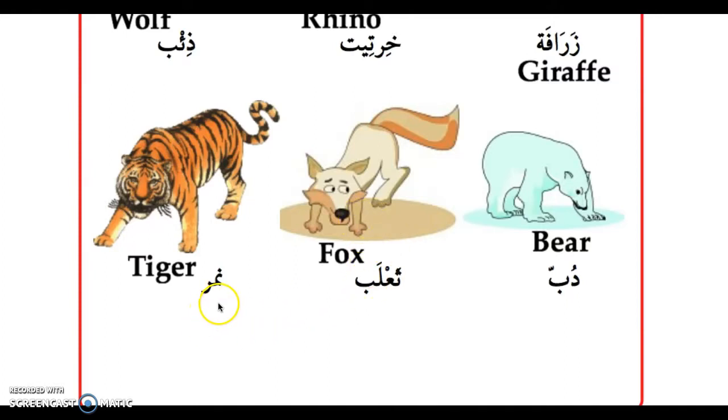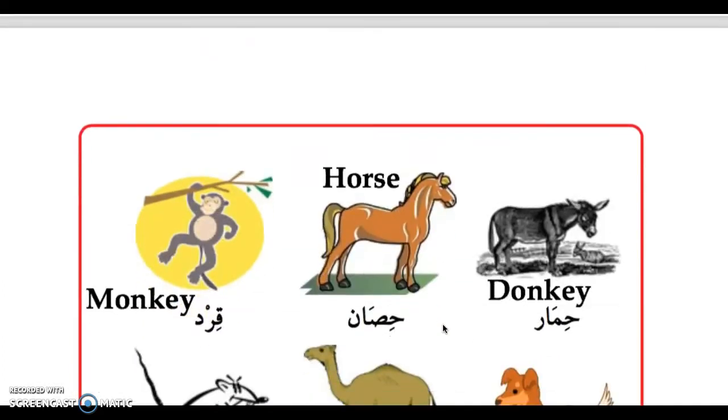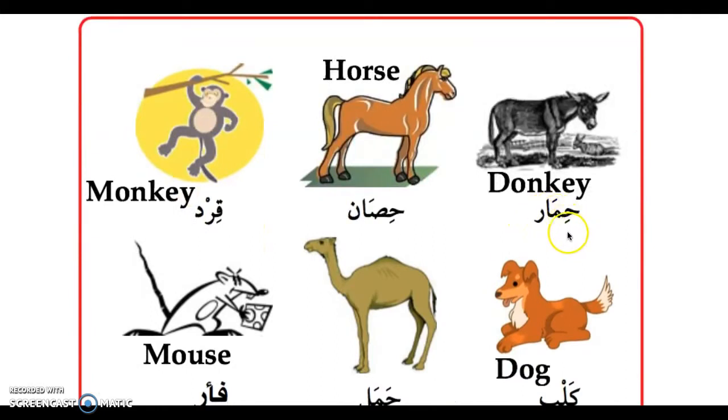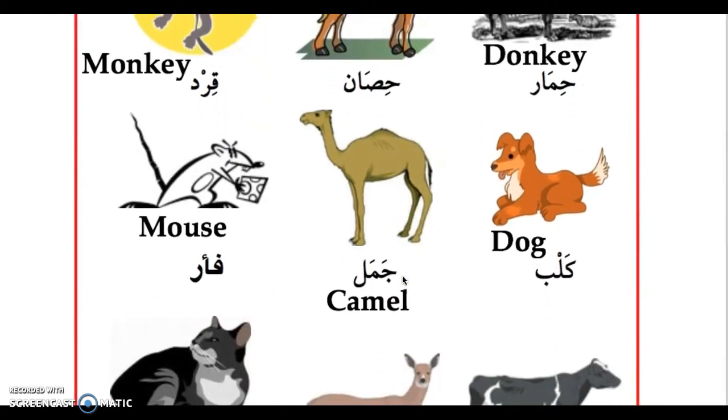Sorry. Nimr, nimr, nimr. حمار, حمار. حصان, حصان. قرد, قرد. كلب, كلب.